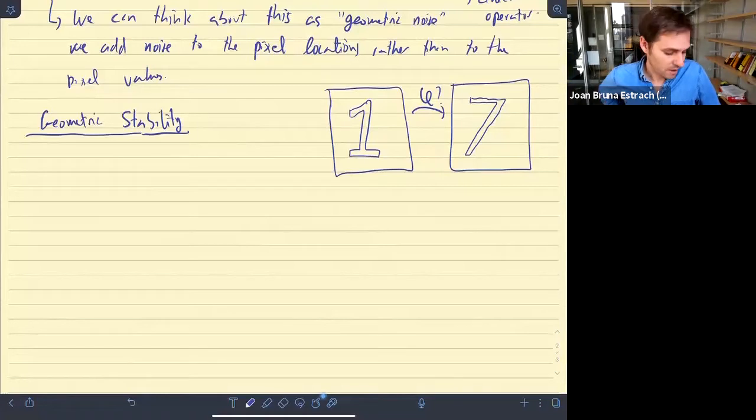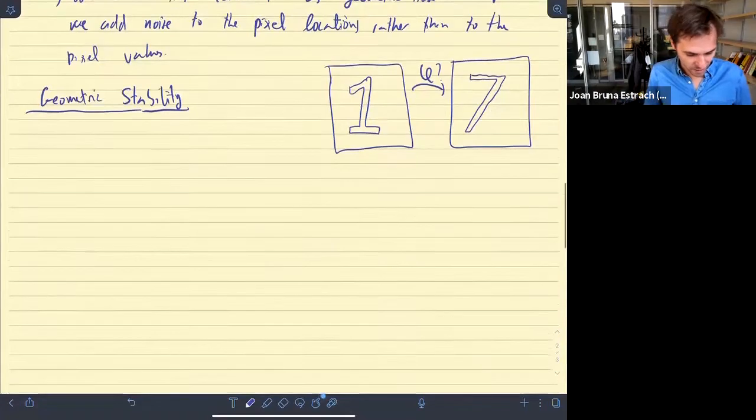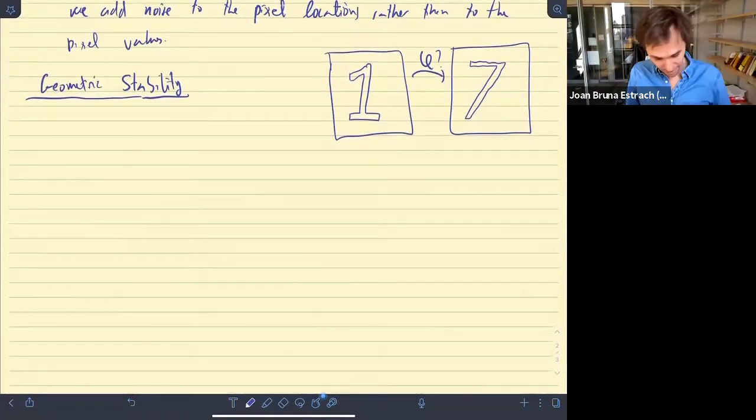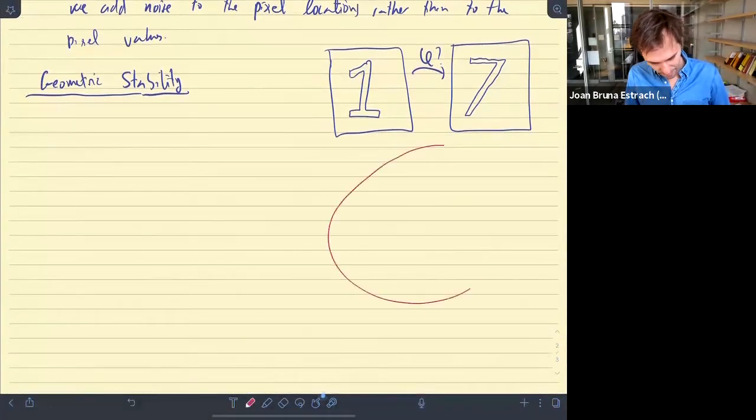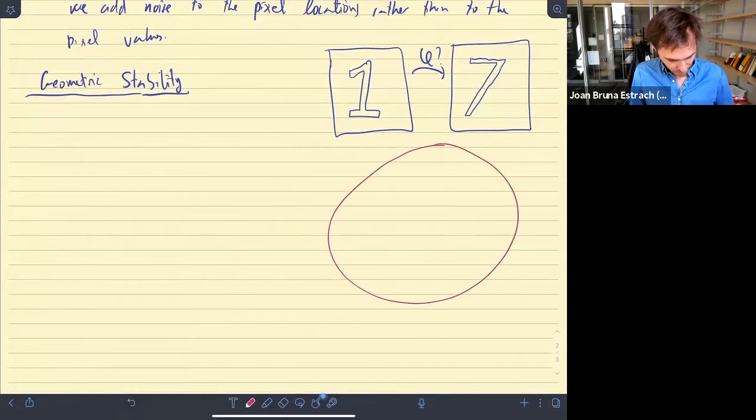So diffeomorphisms are vast, too large, right? If I think about it on the diagram, you could think that you have the space of all the diffeomorphisms, that is called the group of diffeomorphisms of the domain, that is R2.